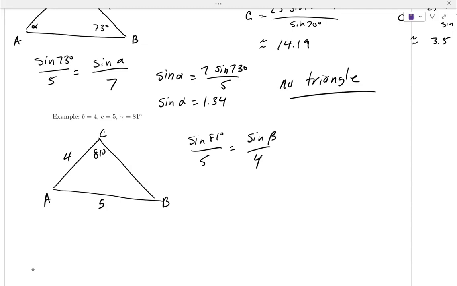I'm confident that it's going to work out okay this time. Your beta will be inverse sine of 4 times sine of 81 over 5. You don't have to write it all in one big step if you don't want to. I'm just doing it to save a little bit of writing space. But I would multiply both sides by 4 and then do the inverse sine, right?